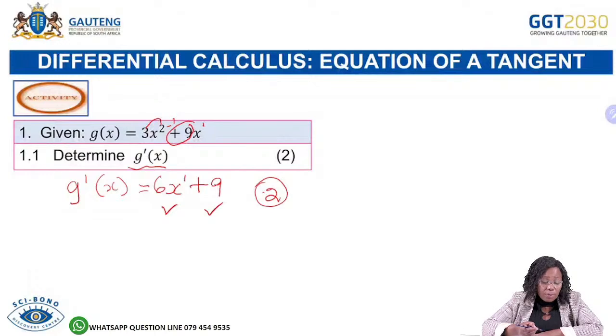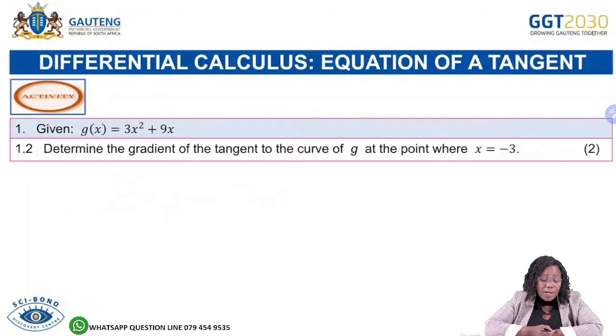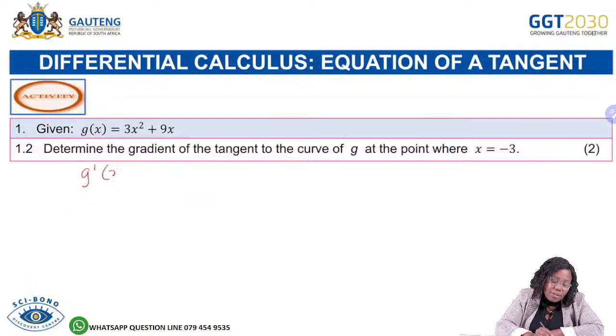And then now, 1.2, we are still on the g(x) function. They say determine the gradient of a tangent to the curve of g at the point where x is equal to minus 3. Remember, we have already derived the g function and ended up with the equation 6x plus 9.